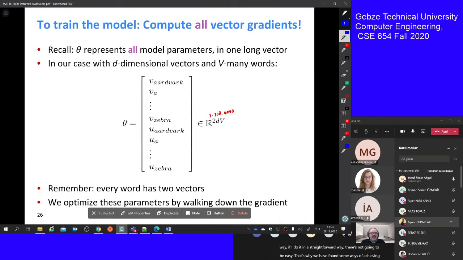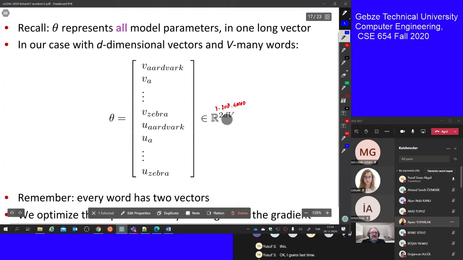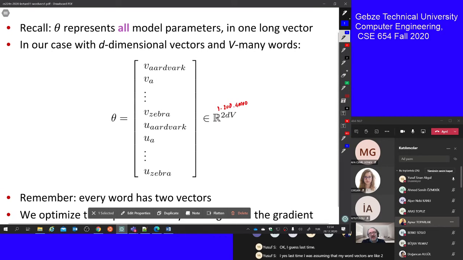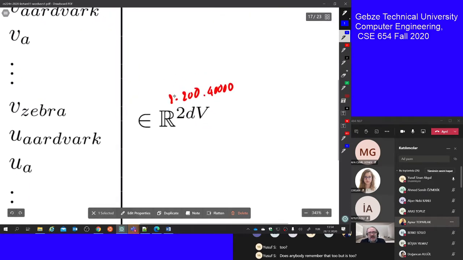Last time I was assuming that my word vectors are 200 dimensional. Does anybody remember that 2? I have written here 2 times 200 times 40,000.